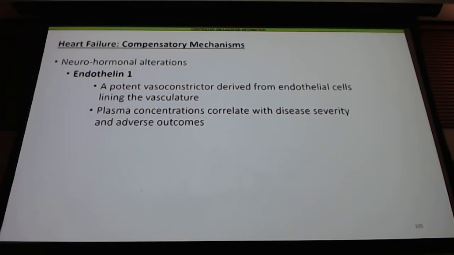And a couple of examples of these neurohormonal alterations in addition to the RAS and ADH is endothelin-1, which is a local reaction where the endothelial cells produce this, and it causes a local vasoconstriction. And with the vasoconstriction, that's going to then increase your systemic vascular resistance, which increases your afterload, which then is going to harm the cardiac output.